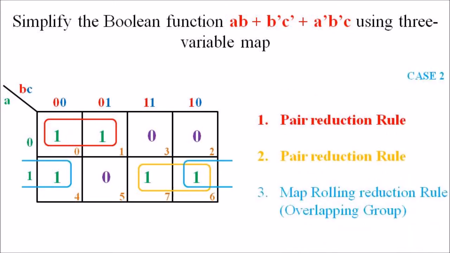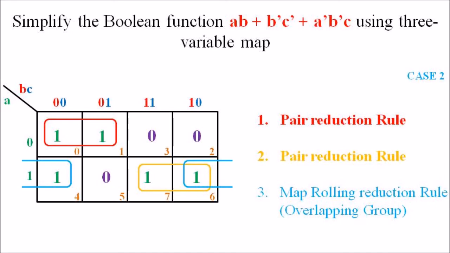As we mentioned, we can form the third pair in two different ways. The first pair is the cells 0 and 1, the second pair is the cells 7 and 6, and the third pair can be formed using the map rolling reduction rule also.